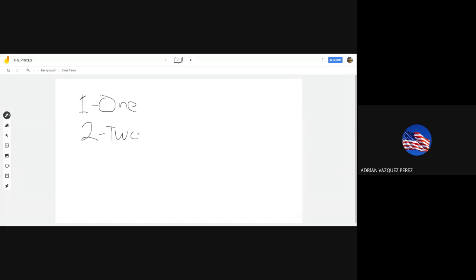Also, we said that this number is the number 15 with the termination teen. And also we said that this number refers to the number 50.